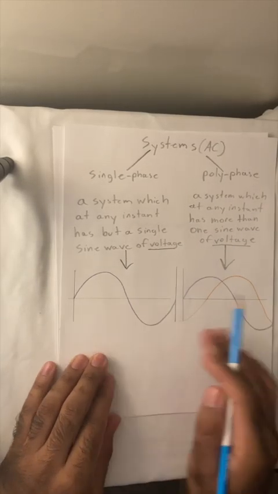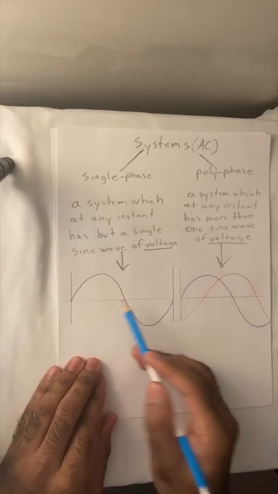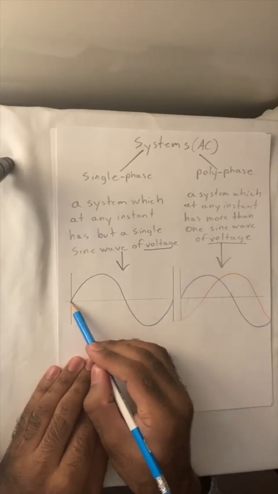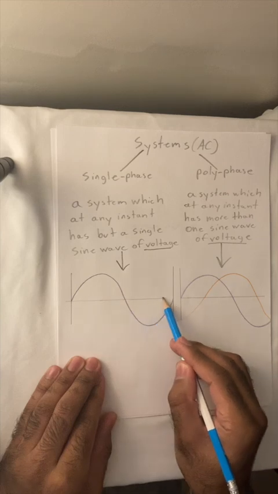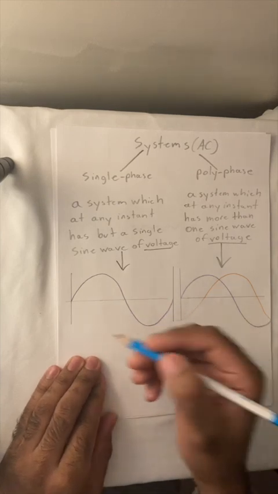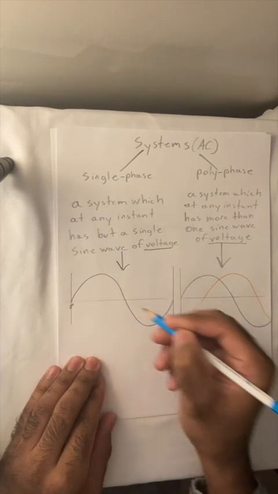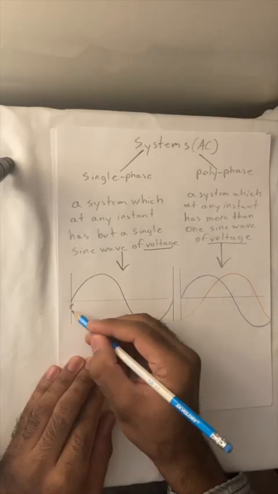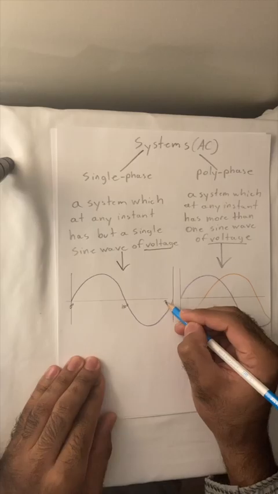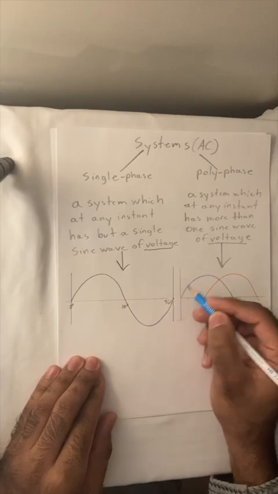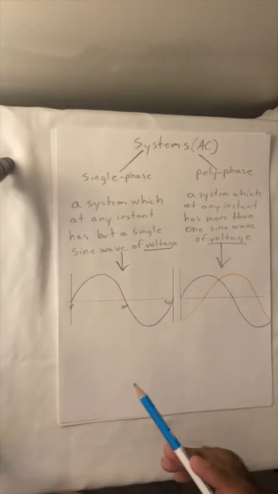As we did discuss in the past, along the x-axis are going to be instances. These instances are usually expressed in degrees. So we have 0 degrees, we have 180, and we have 360.